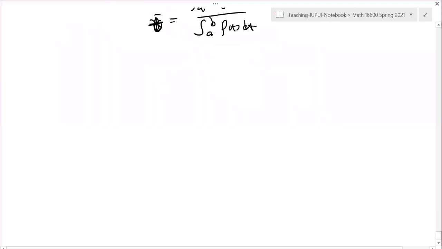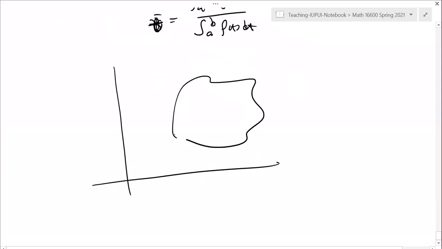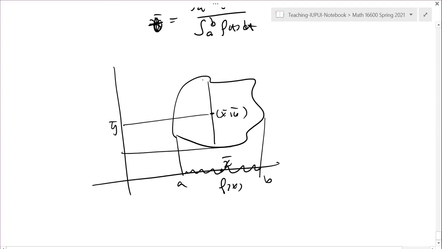So roughly speaking, you collapse it here, get the density function, and use it to get x bar. Then collapse onto the y-axis, get rho of y as the density function, and use it to find the center of the material, which is the projection of the whole region on the y-axis. So that's it.